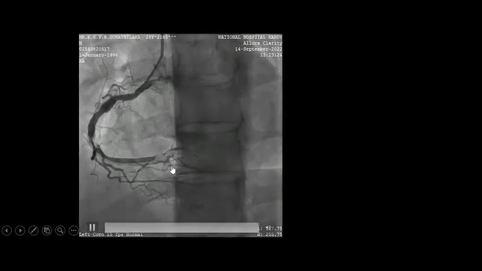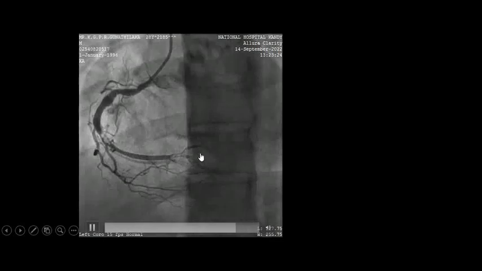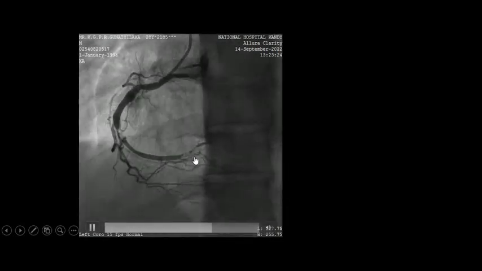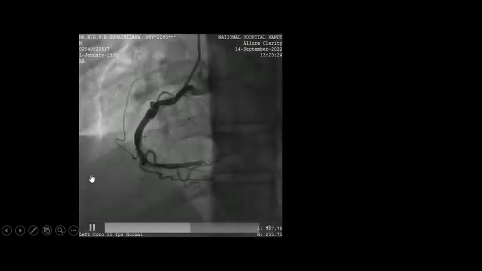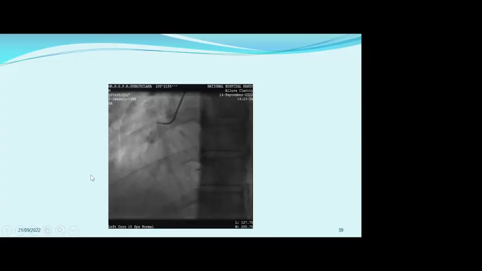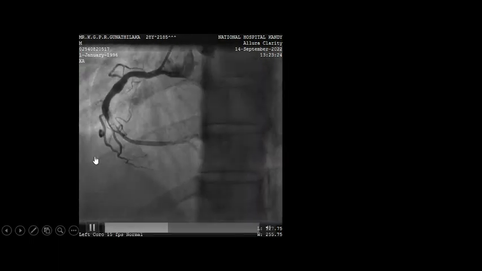You can see there is a filling defect in the mid right coronary artery, plus there are filling defects involving the distal coronary artery as well. So this is a large thrombus, and instead of putting stents, he underwent intracoronary thrombolysis treatment.